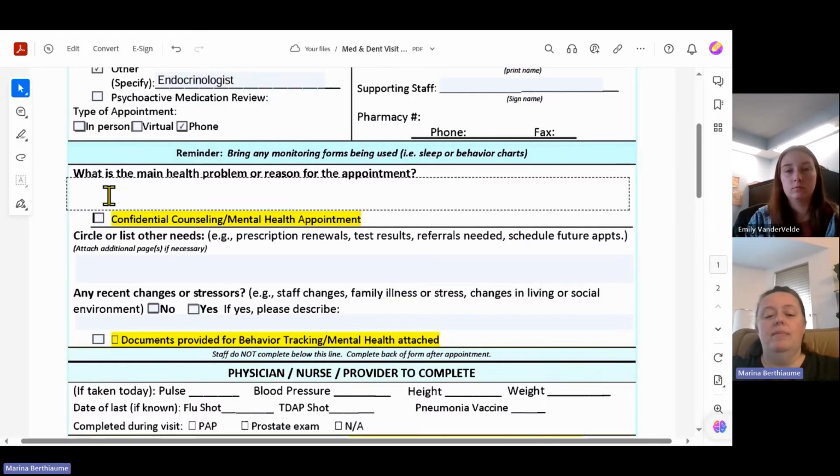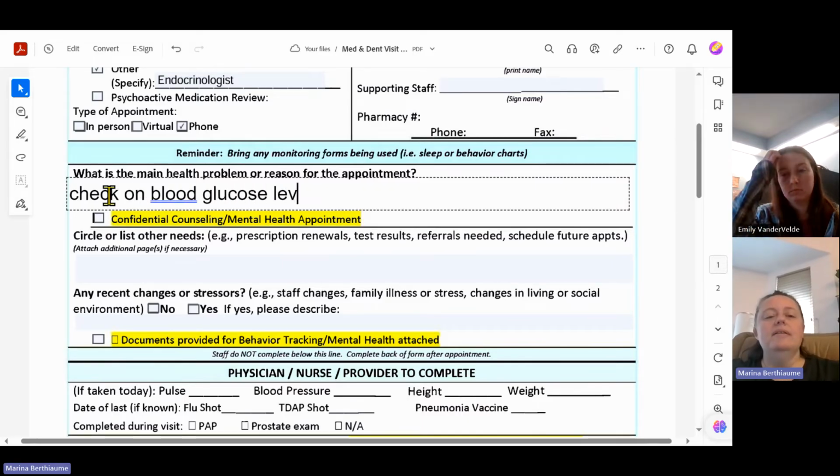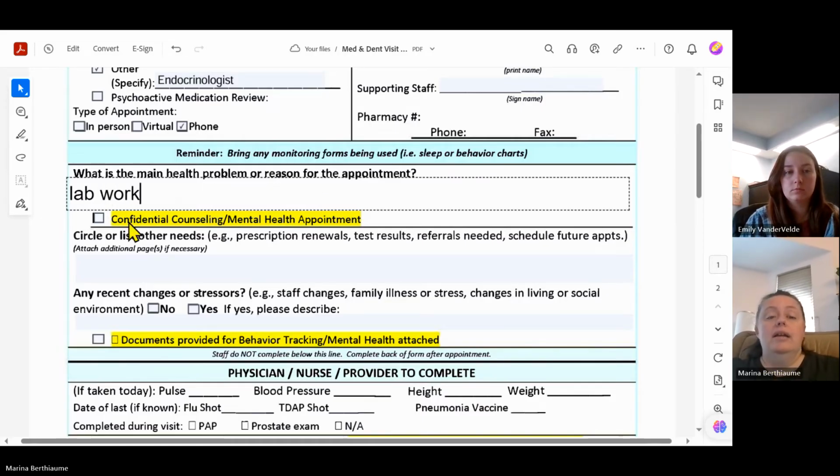Why are they going to the appointment? Check on blood glucose levels, lab work. These are all possible reasons for the appointment. So you'll fill that out before the appointment.